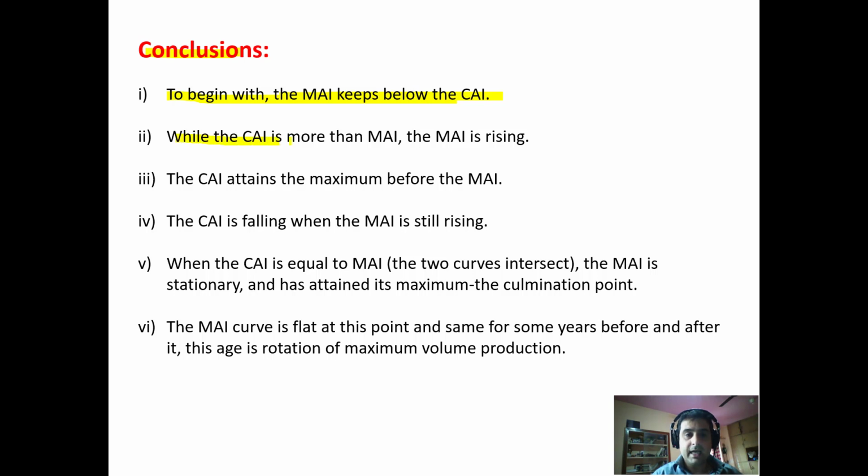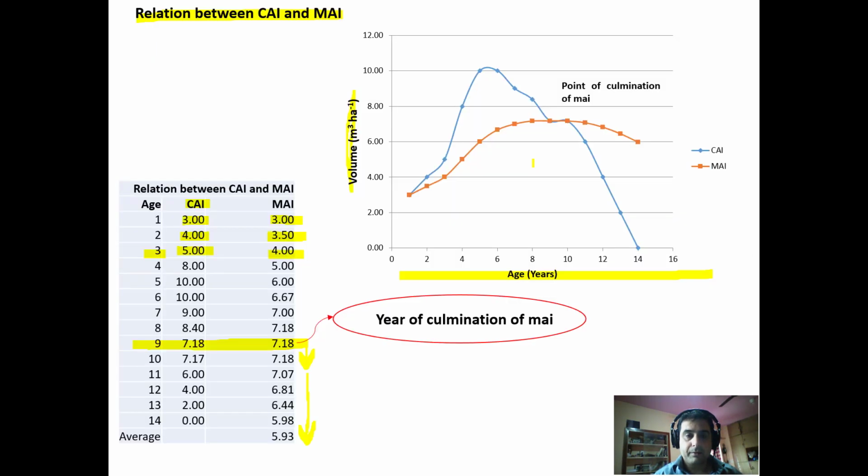Though CAI is more, MAI is rising. You can see here, when CI is increasing, MAI is also increasing. When CAI after the age of 6 starts decreasing, MAI is still increasing, but in lower proportions.